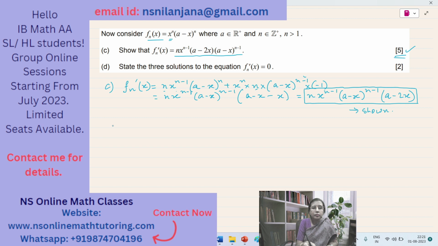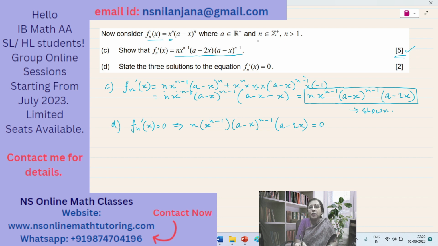So if f_n dash of x equal to 0, this whole expression, n times x to the power of n minus 1 times (a minus x) to the power of n minus 1 times (a minus 2x), is equal to 0.